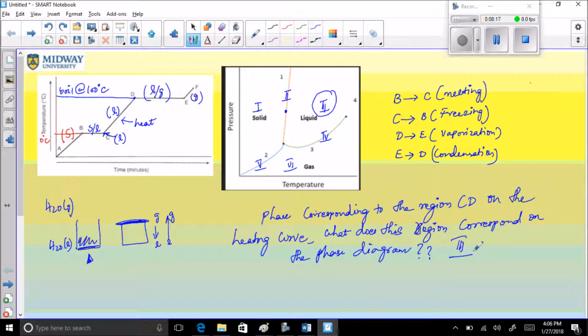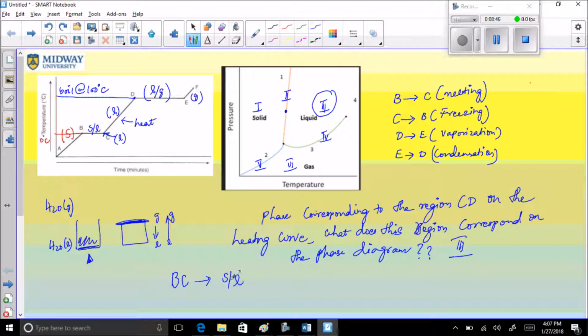But what if I ask you, what region in BC corresponds to the region on the phase diagram? Well, between B and C, BC on the heating curve corresponds to solid/liquid, right? So that means, as I said, if you have both solid and liquid, you're right on the line, not on one side or the other.